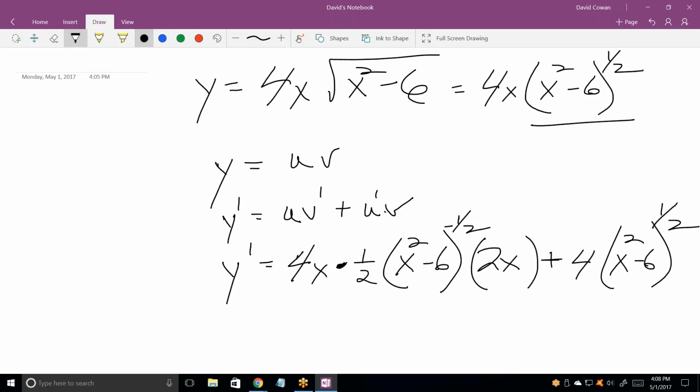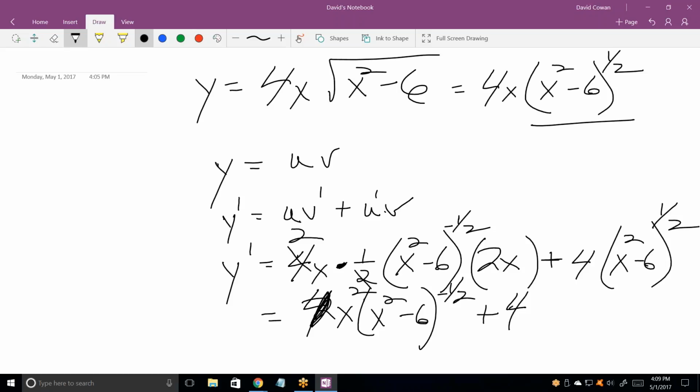There's a little simplification you can do. So what does that give us? 2x times 2x, so that's actually 4x squared, times x squared minus 6 to the minus 1/2, plus 4 times the quantity x squared minus 6 to the 1/2.